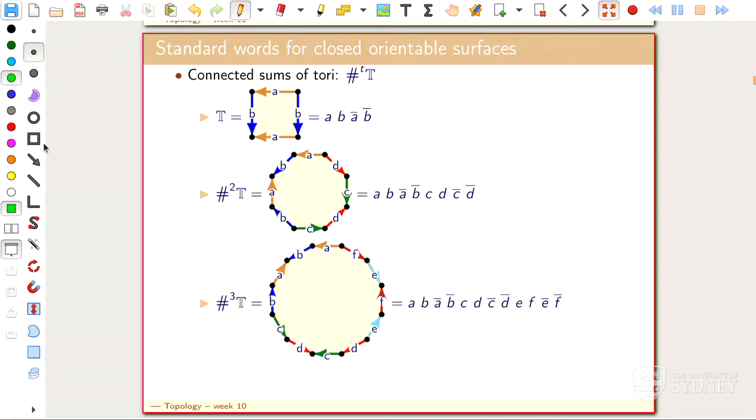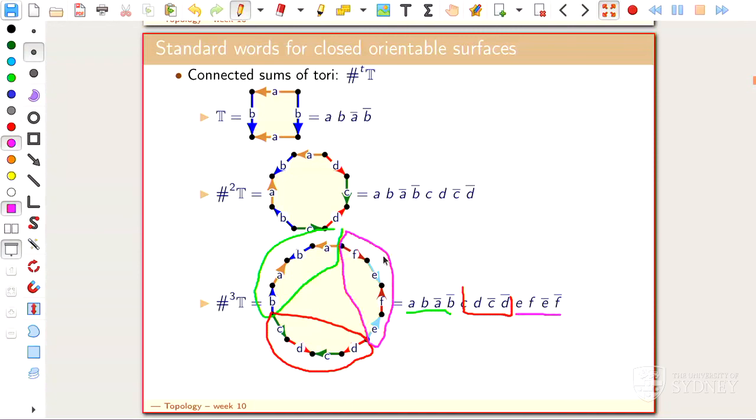Let me mark the tori again. So here is the first torus, the same pattern. Here is the second torus, kind of the same pattern. Maybe I should mark them here as well. So here's this one, and maybe purple for the last one, the final torus. So it's really easy to describe them now. Third hash, fourth hash, fifth hash. It's just a word with always the same pattern, just those four symbols corresponding to a torus, and then you just stack them in a row.